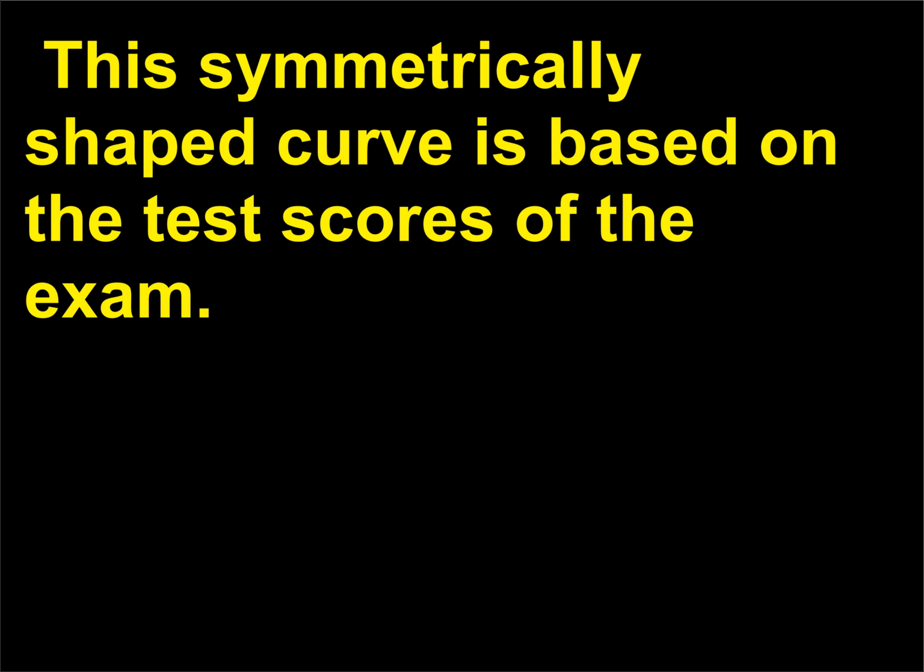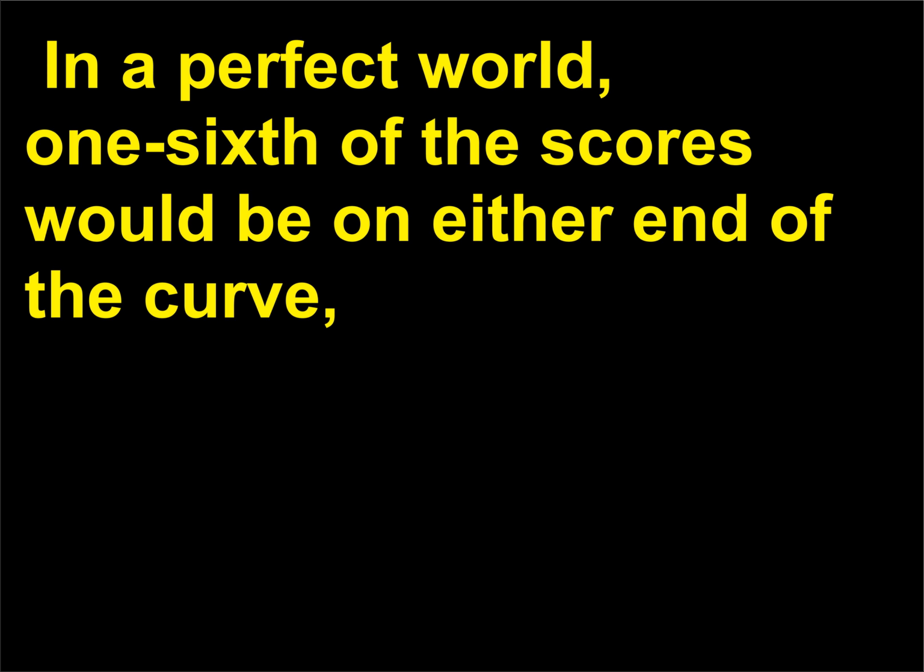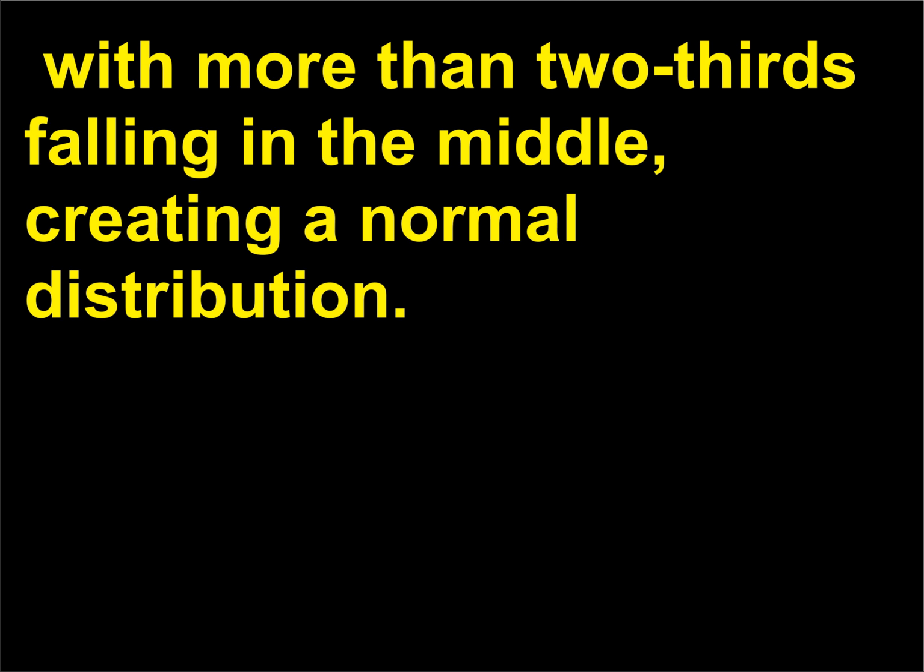This symmetrically shaped curve is based on the test scores of the exam. In a perfect world, 1/6 of the scores would be on either end of the curve, with more than 2/3 falling in the middle, creating a normal distribution.